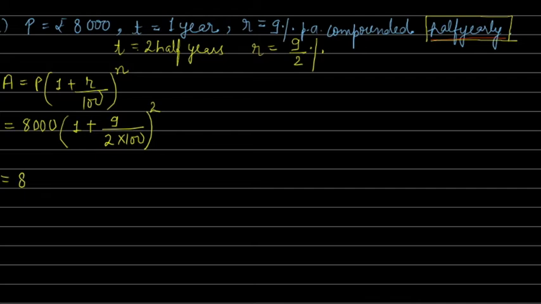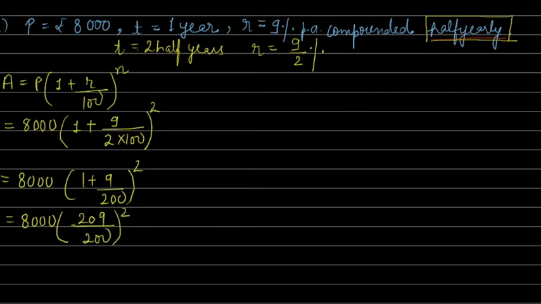Now this will be 8,000 (1 + 9/200)^2. Now again 8,000 as it is, if you take the LCM, 200 plus 9 will give me 209 upon 200 raised to the power 2.